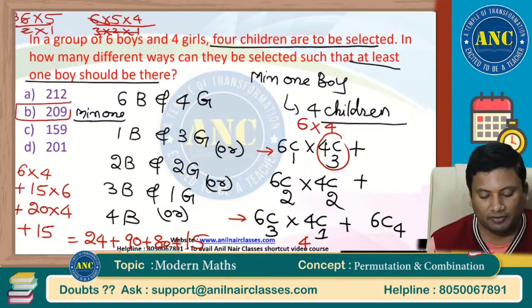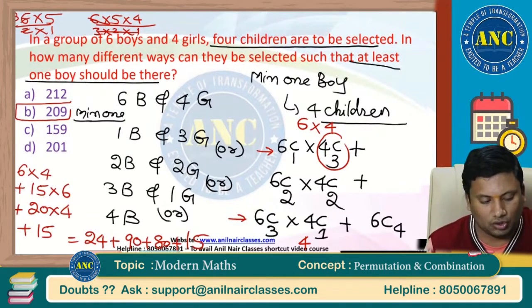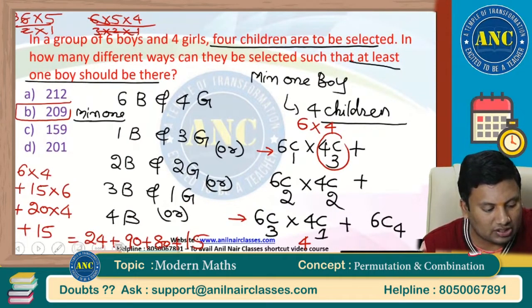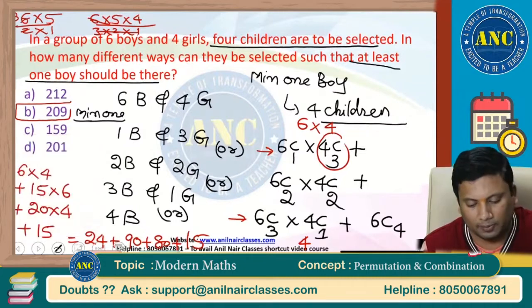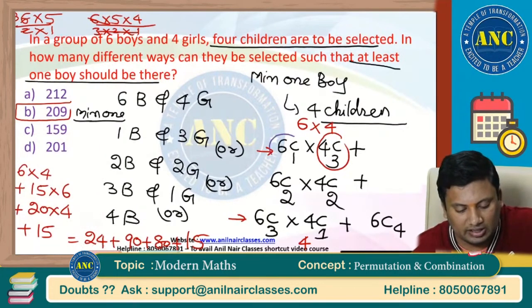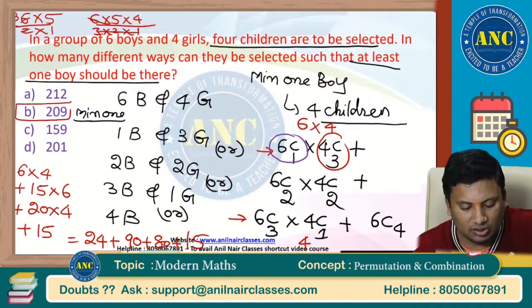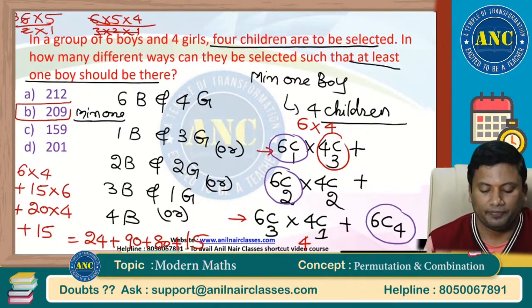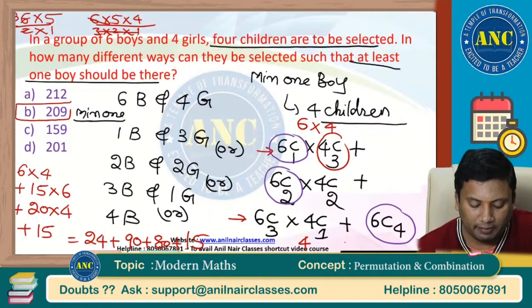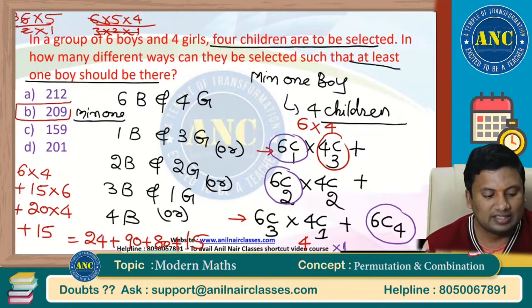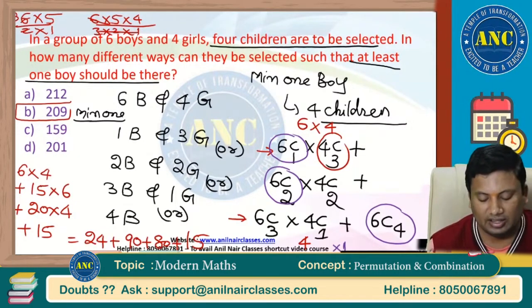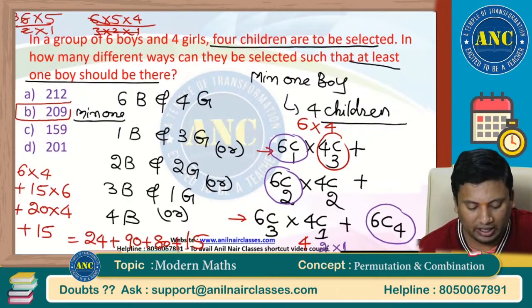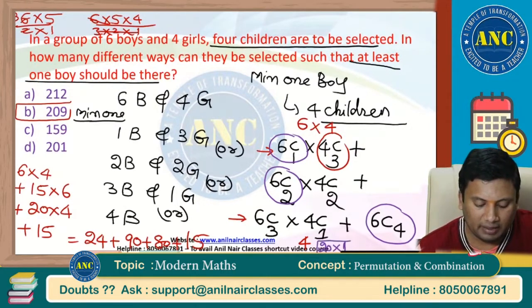Now listen carefully. How am I solving this question? By using answer options. 6C1, this is divisible by 3. This is also divisible by 3. This is also divisible by 3. This 4, when divided by 3, remainder 1. 6C3 is nothing but 20. 3 6s are 18, remainder 2.